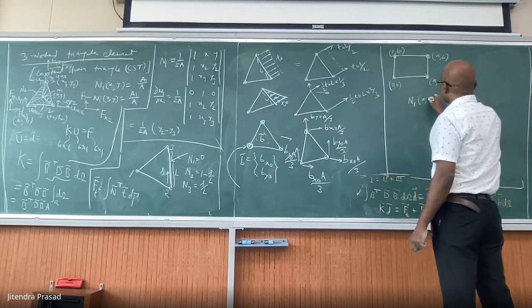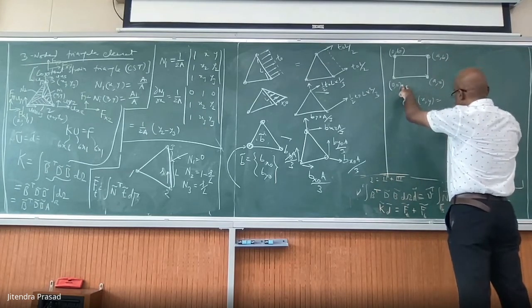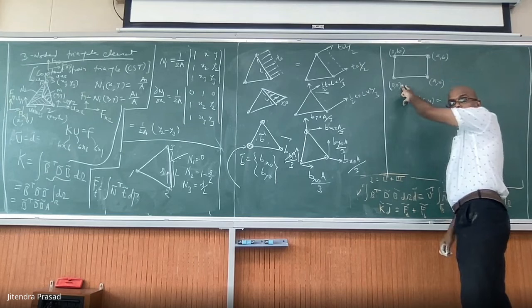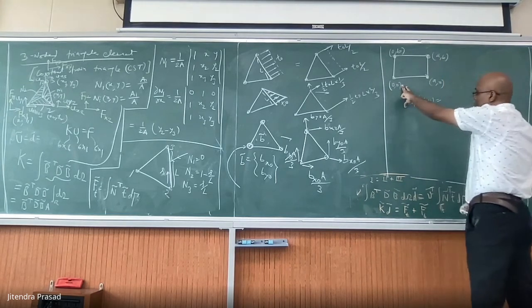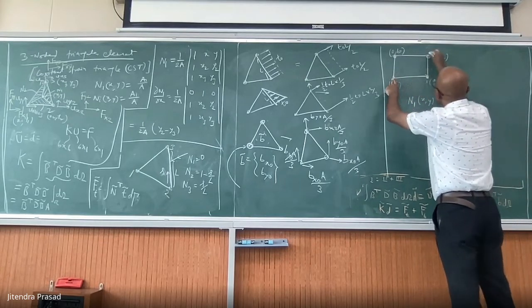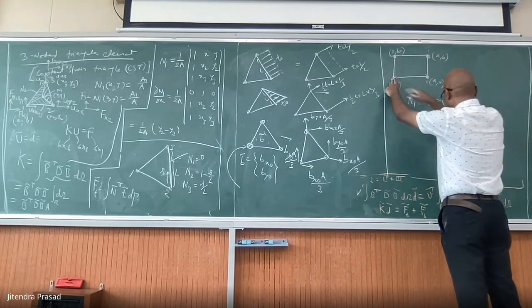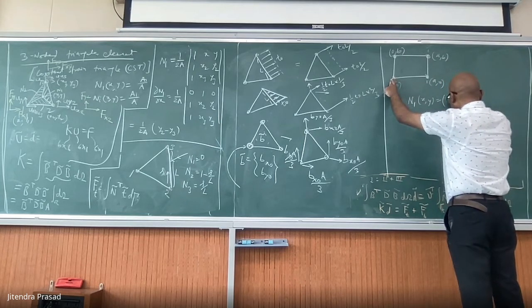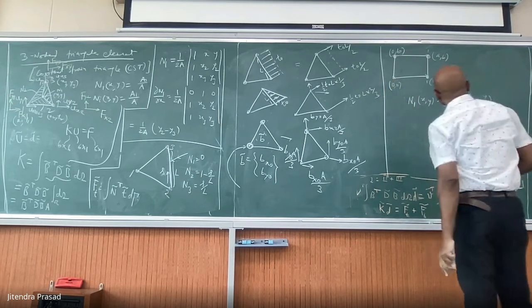N1(x,y) will be the way we did earlier, the shape function. So typically you have these equations, and finally it will be 1 minus x over a times 1 minus y over b, and so on.